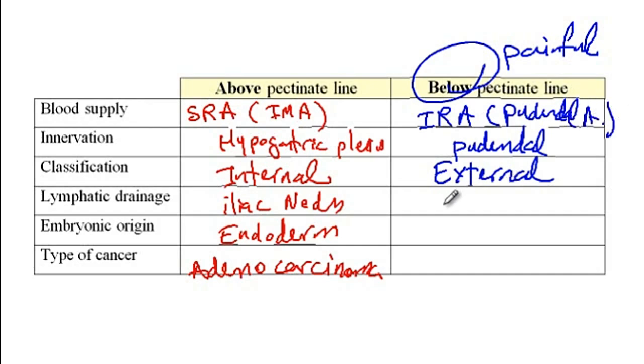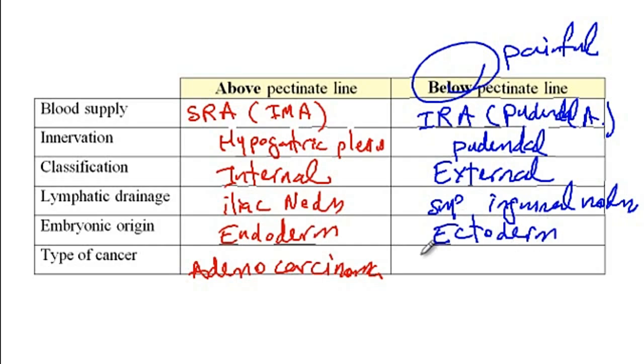Its lymphatic drainage is into the superficial inguinal nodes. And then its embryonic origin, since it's below the pectinate line, is from the ectoderm. And so given that it's arising from the ectoderm, therefore squamous cell carcinoma is the type of cancer that can develop from this region of the anal canal.